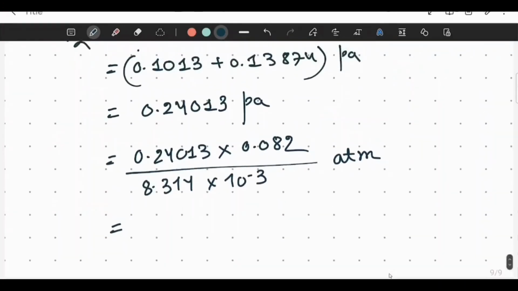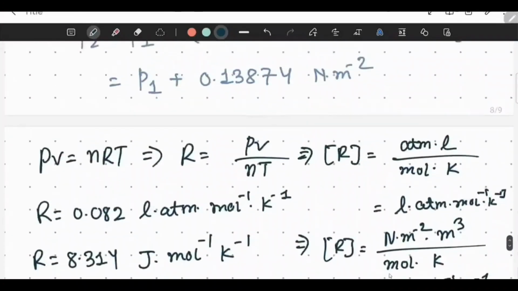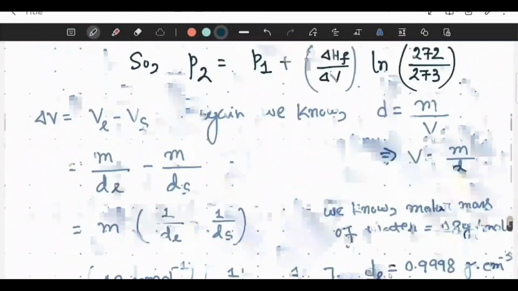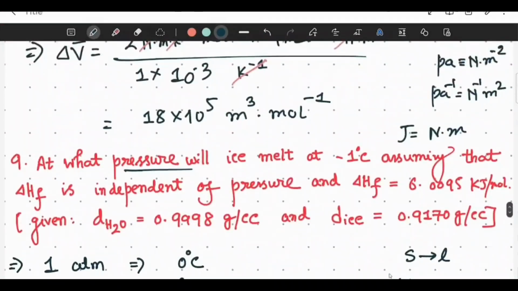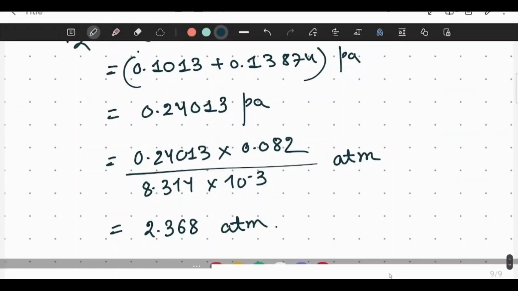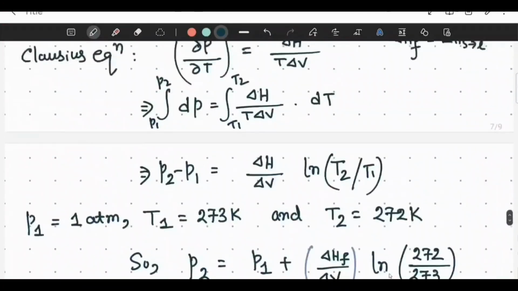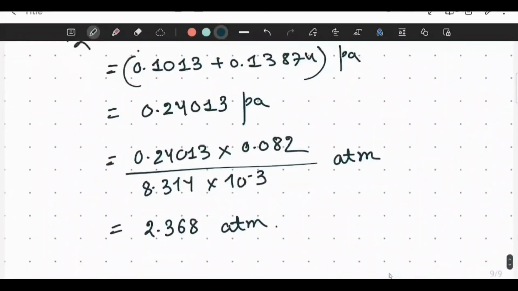So it is eventually 2.368 atm. Okay, so this is the procedure. Please check if there is any numerical error with calculation that may be there, but the procedure is like this. We have to use the Clausius equation, not Clausius-Clapeyron. Then we have to convert this atm to Pascal. Okay, so this was our question number 9.